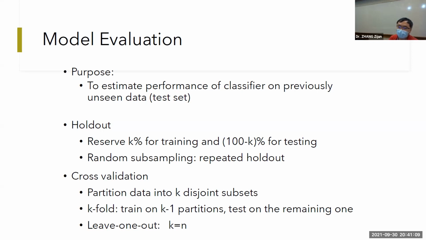So we want to use the test set to estimate the performance of the trained model. In evaluating whether the model is effective or not, we will always rely on the test data set. So the test error is the top priority. Most of the time, we don't look into the training error.